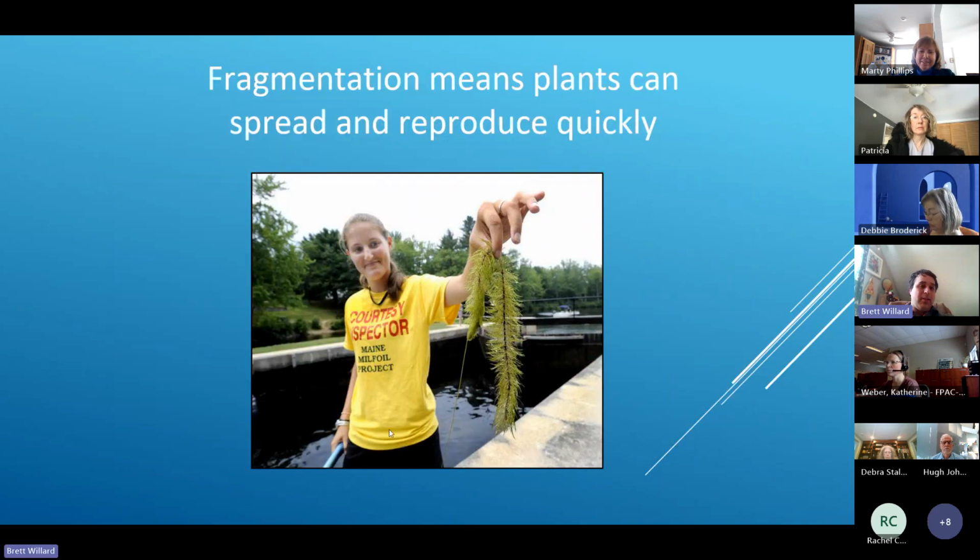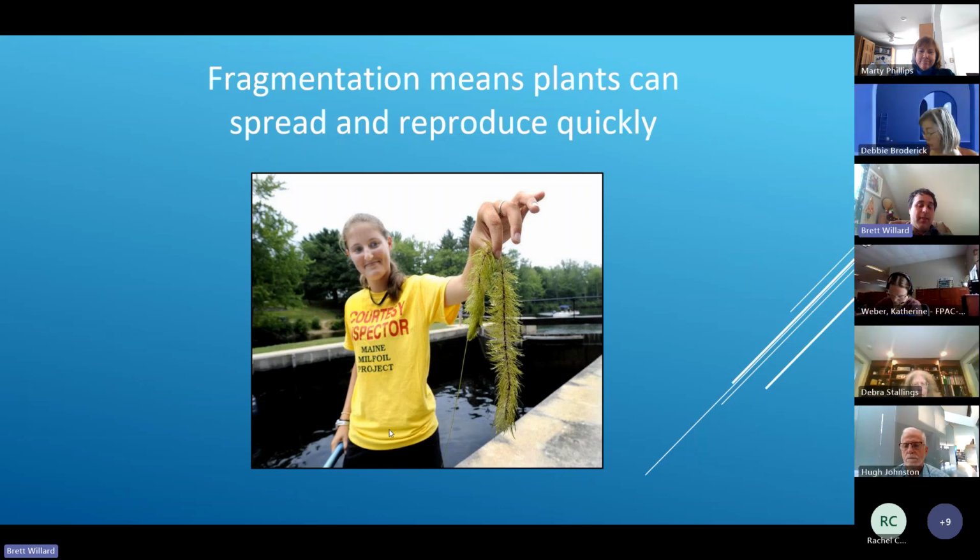And many invasive plants reproduce through fragmentation, which means that they can break apart and those fragments can float to a new place and start growing as a new plant and clone itself. They can also reproduce, of course, through seeds sexually, but also through rhizomes, through stolons, through turions, through budding.